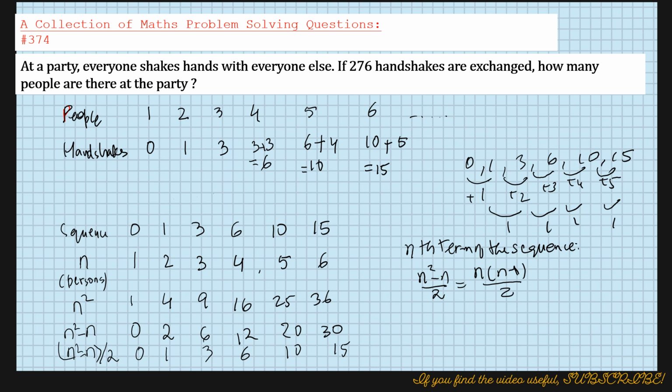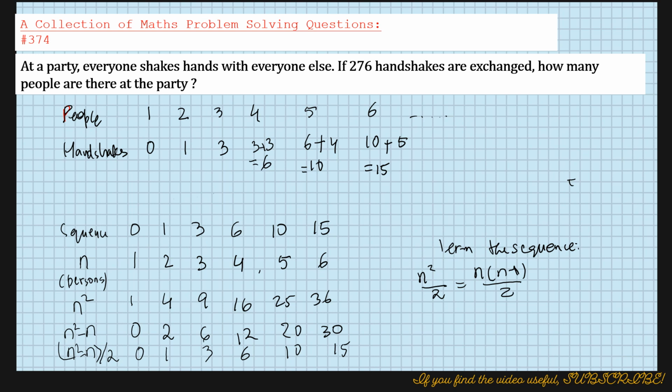So I'm going to erase things a bit so that I can work it out.